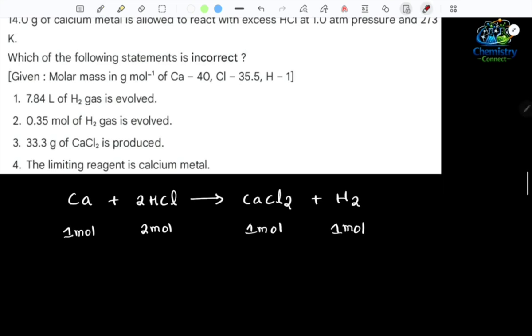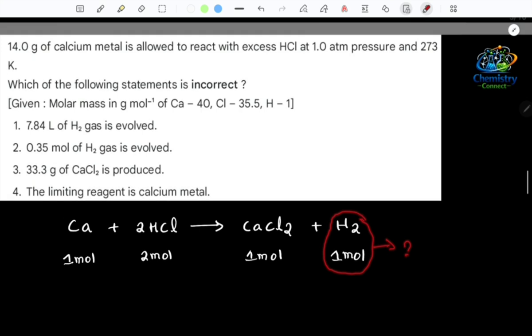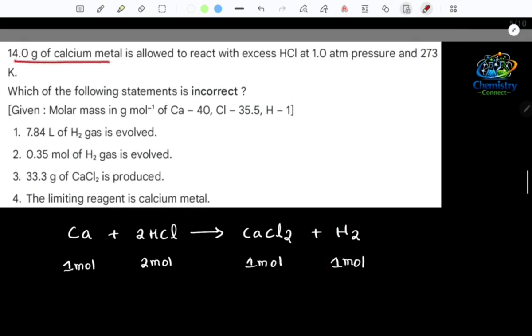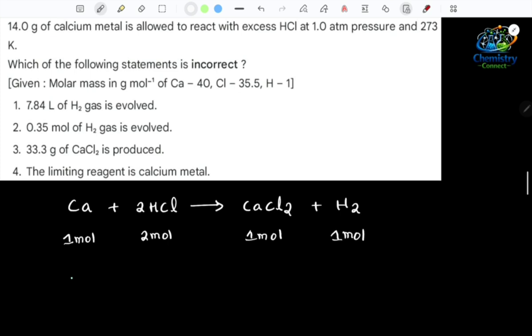Option 1: 7.84 liters of H2 gas is evolved. We need to check it. One condition they have given here is 14 grams of calcium metal. This is fixed. So we need to check from 14 grams how many liters of hydrogen is liberated.